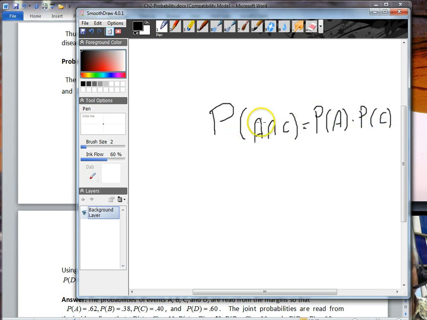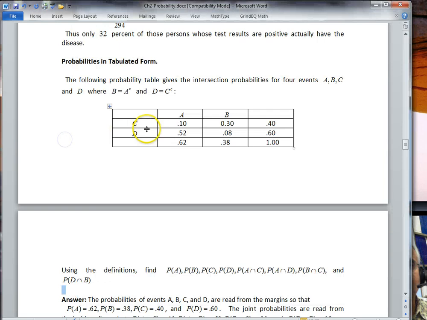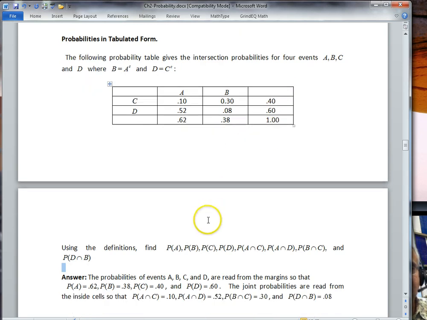A and C are independent if the probability of their intersection is probability of A times P of C. If you go back here, probability of A intersection C is here, probability of A is here, probability of C is there, right? And so on.